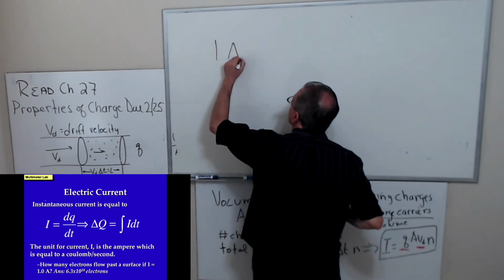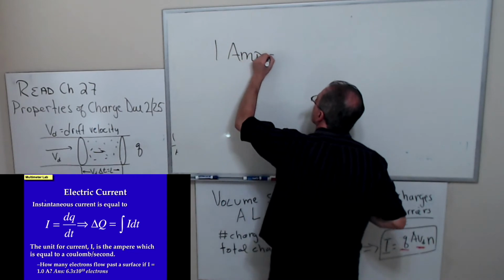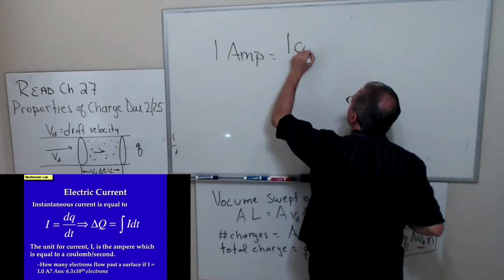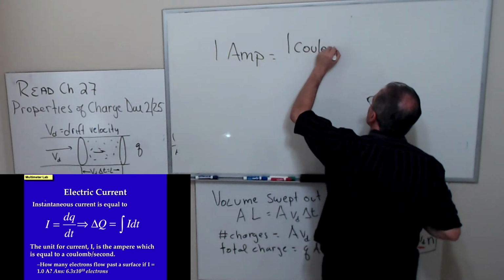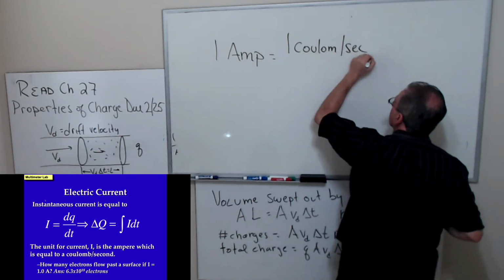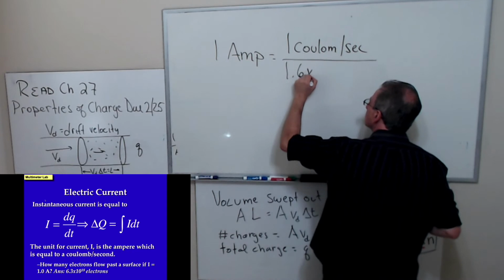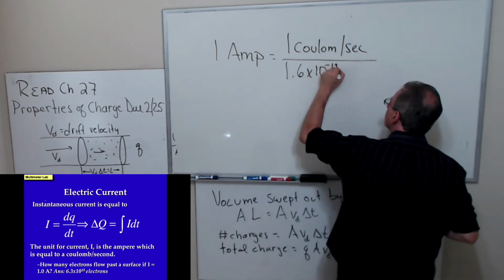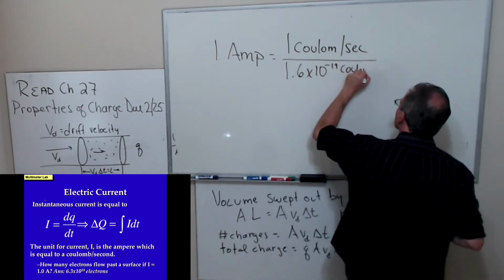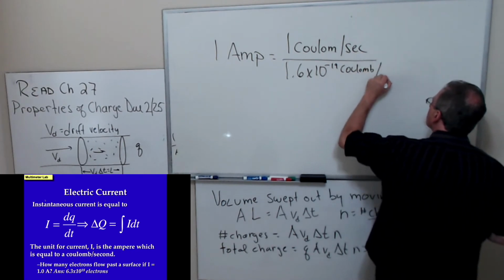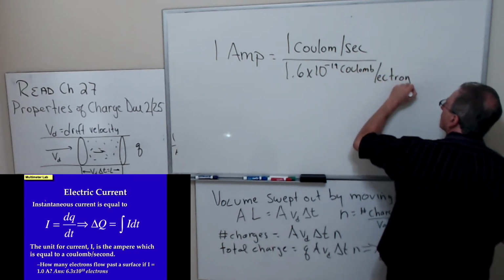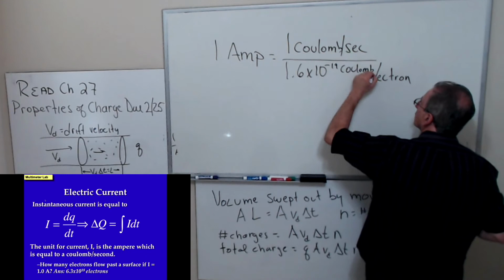One amp equals 1 coulomb per second. And I'm going to divide it by 1.6 times 10 to the minus 19 coulombs per electron. And so the coulombs will cancel.